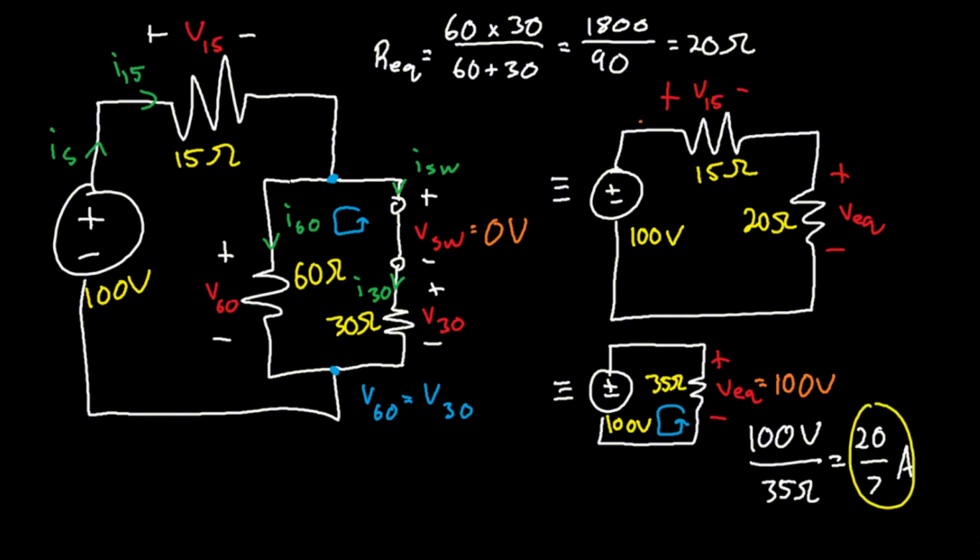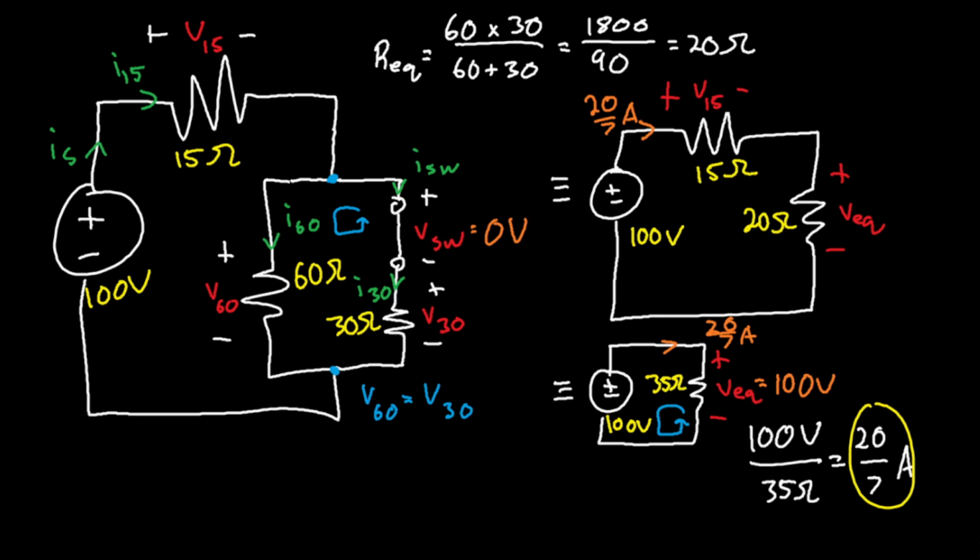Well, what's the important thing about this? That means we have 20 over 7 amps throughout this entire series circuit if we step back. So we solve for the current of this circuit as 20 over 7. Ooh, that's very small. But it's also a series circuit, so we can treat the current the same.